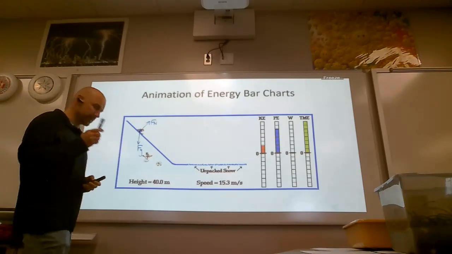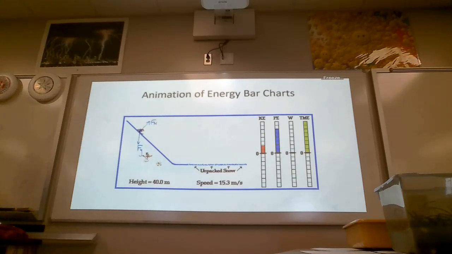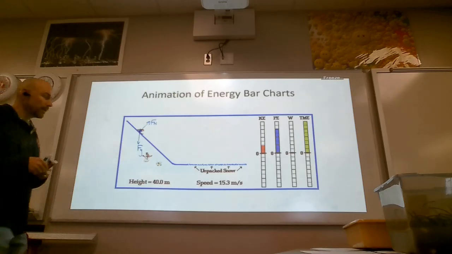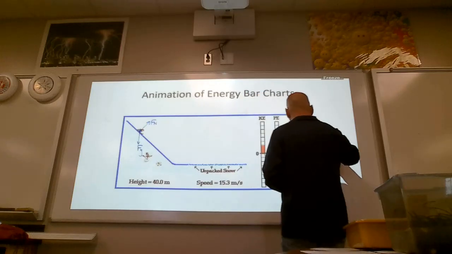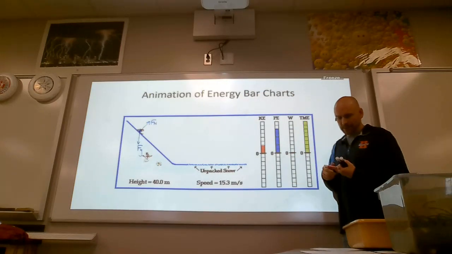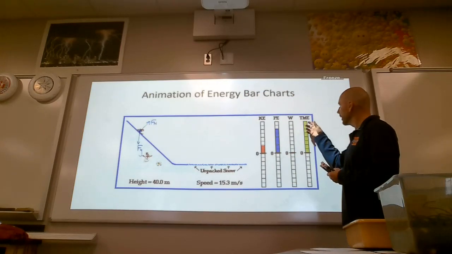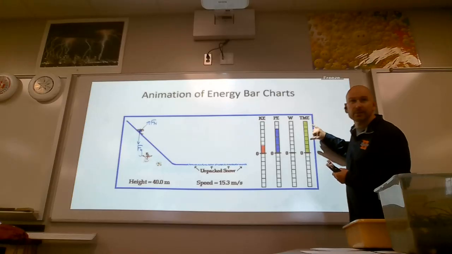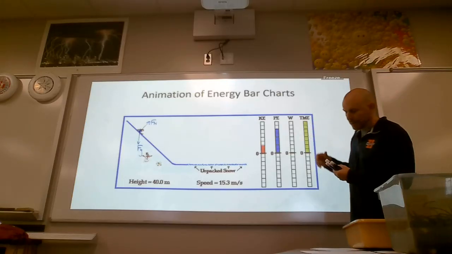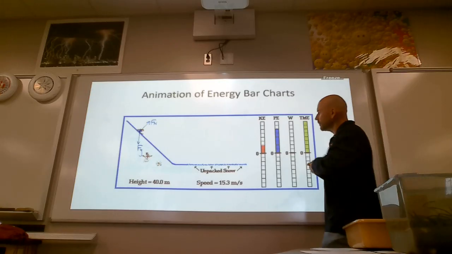So here's the consequence of that. As it goes down the hill, the total mechanical energy, they like to use T, I don't really care about that, stays the same. It's conserved. Here's my analogy.